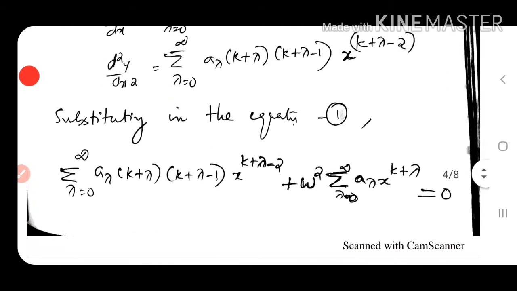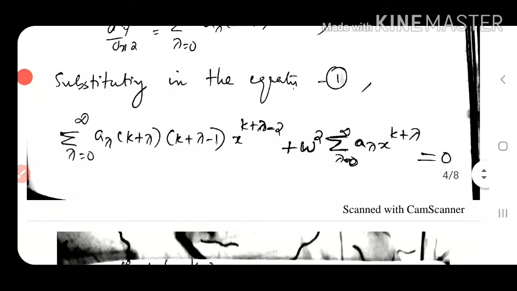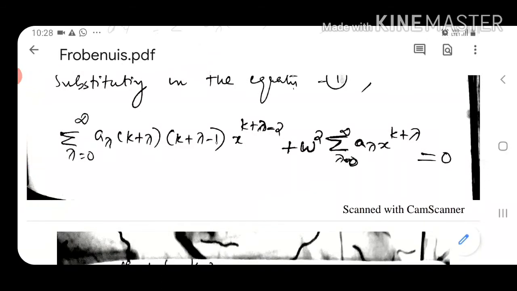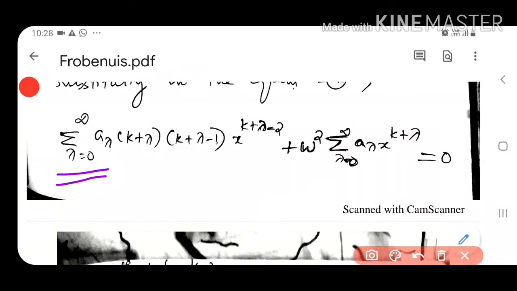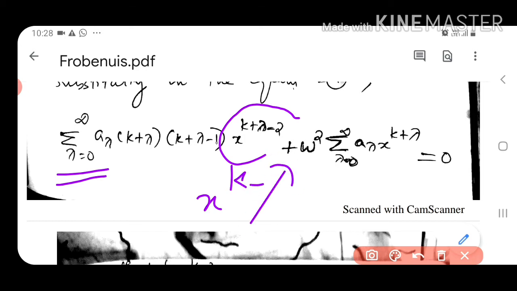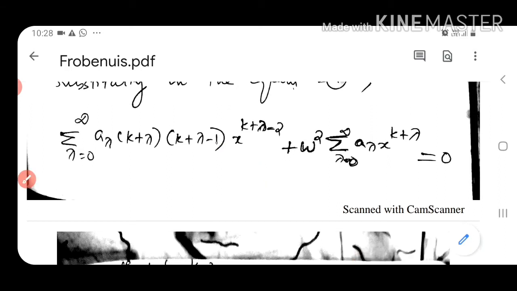Here, what we are going to do now is, as we expand, we put lambda equal to 0 first, then lambda equal to 1, then lambda equal to 2. As we put lambda equal to 0, we get the lowest power of x, which is x to the power k minus 2. Here you will be getting x raised to k.